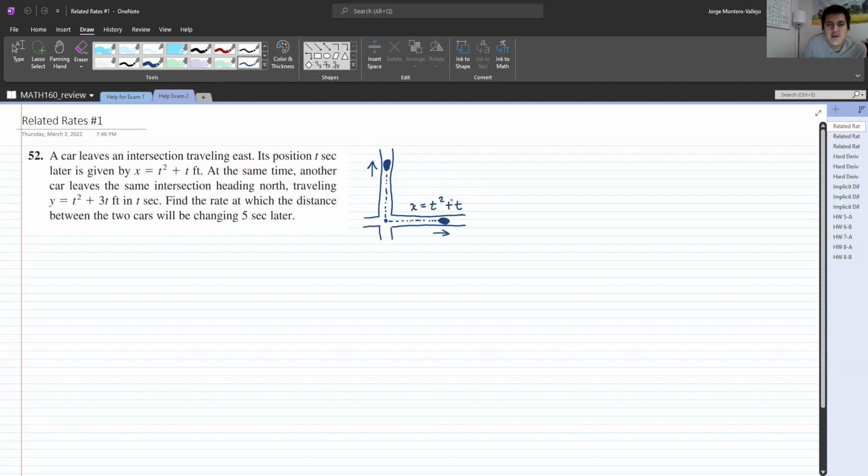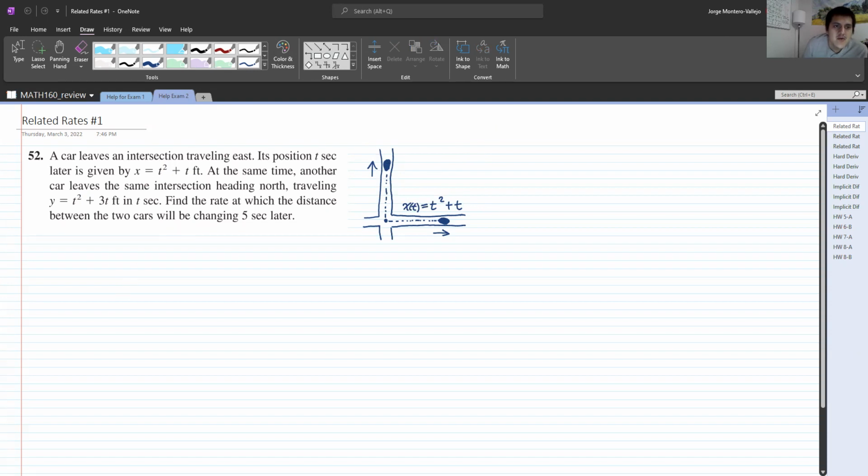This function tells you the position at any time t that you decide to plug in, right? You see already that it depends on t, so instead of calling it just x, let's call it x of t, because it's a function of t. So that's for that car.